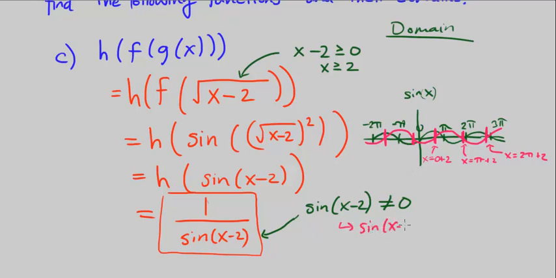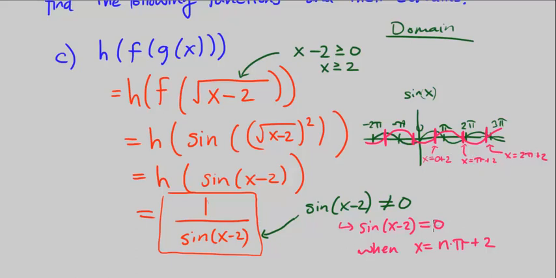Sine of x minus 2 equals 0 when x equals any multiple of pi, plus 2. So I'm going to call that n times pi plus 2, because we shifted it over, so we're adding 2 to all these values. So this is 0 pi plus 2. This is 1 pi plus 2. 2 pi plus 2.